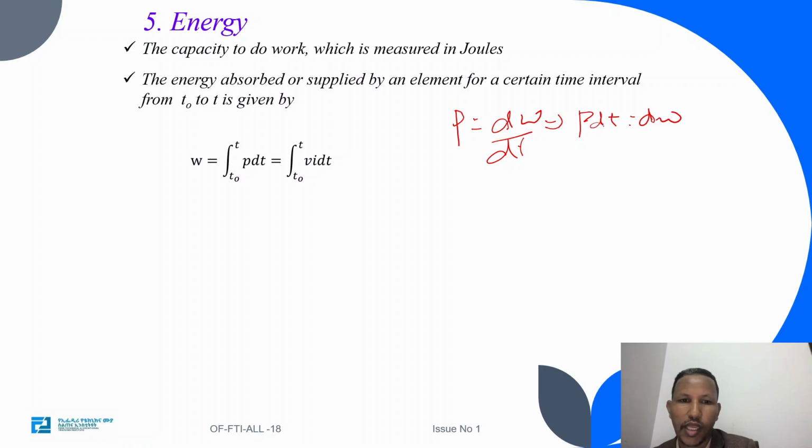So we can take integration on both sides. The integral of dW is equal to the integral from t naught to t of P dt. So this is how we can determine the energy.